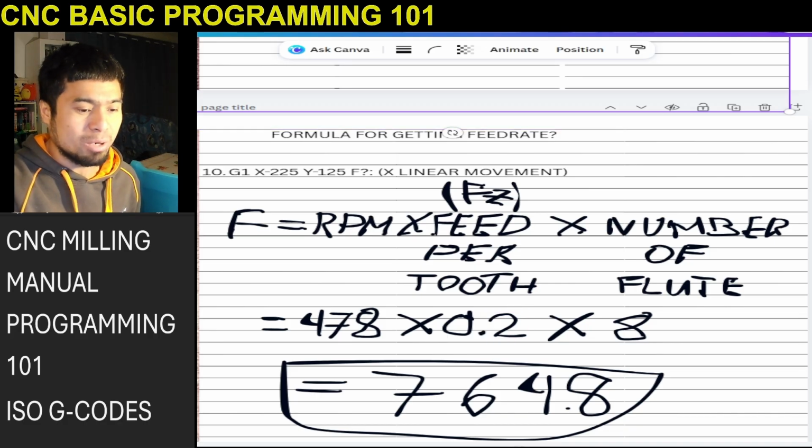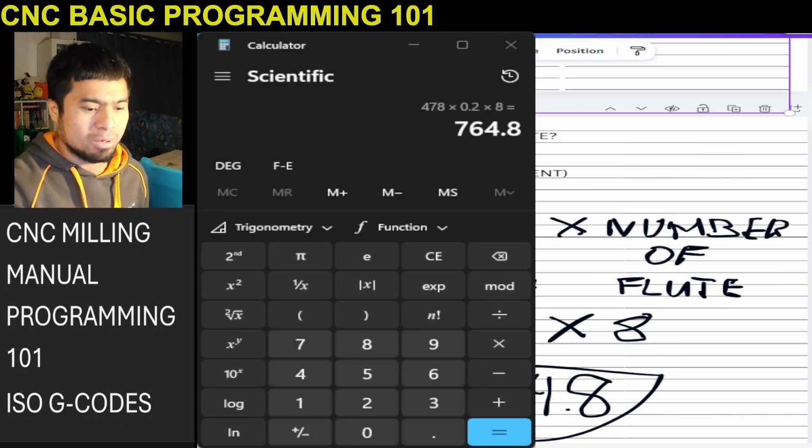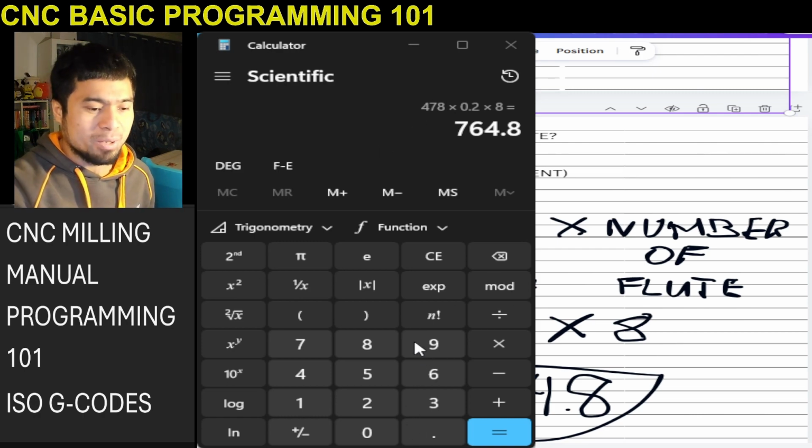Let's put an example here in our calculator. Example, 0.3. So 478 times 0.3 times 8 flutes equals 1,147.2.